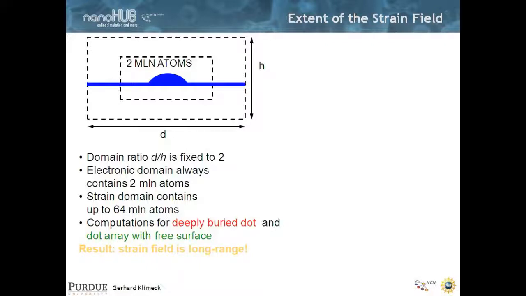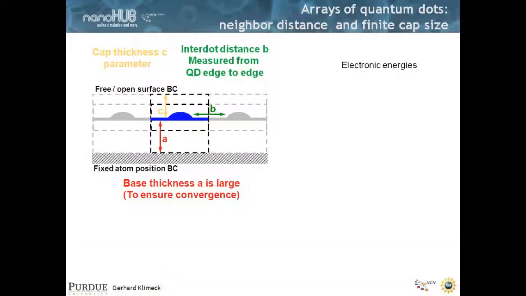Okay, so here is the same experiment where we look now at D and H, and D over H is fixed to 2. In this example, we have now looked at the effect of the capping layer. So we played with the distance.